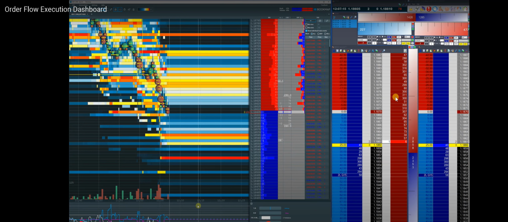Anyways, you don't have to use the same thing, but what's for sure and what is key here is that you will need a DOM, depth of market, a ladder, as it's sometimes called, or an order book to be able to place your trades. I'll do a session on placing the trades, adding and canceling and moving orders and adding limits and so on.